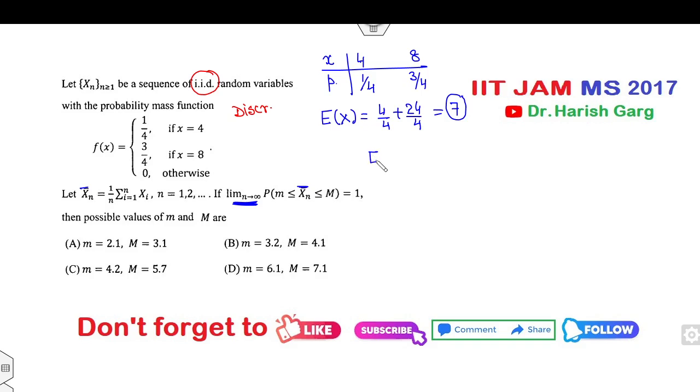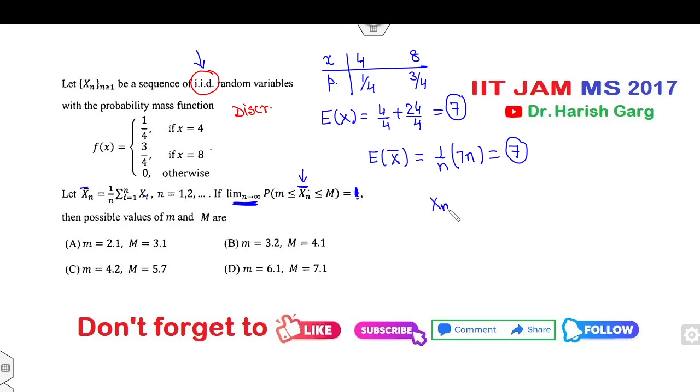Can you find the mean of the X bar? Because they are IID, all are the same. So this number is 7, and 7 into n over n is 7. That means for this X bar, the mean must be 7, and the probability is 1. What is the meaning of probability 1?